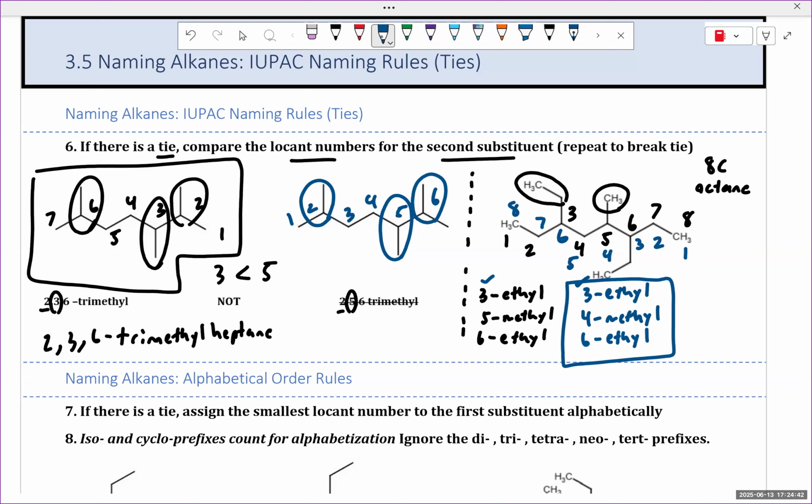Now, in terms of cleaning this up, we have two ethyl groups, so we'll combine them together with a di prefix. So we'll name this as 3,6-diethyl-4-methyl octane.